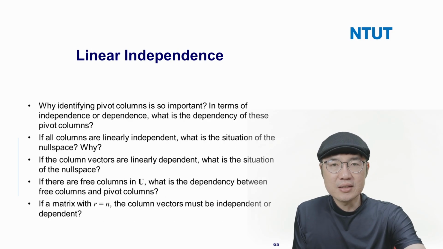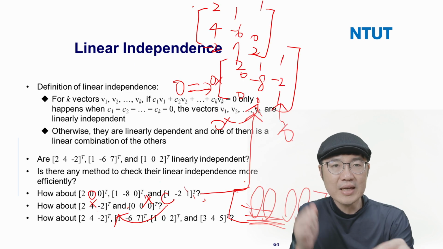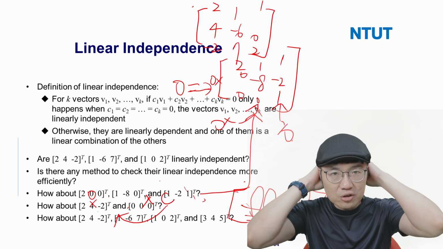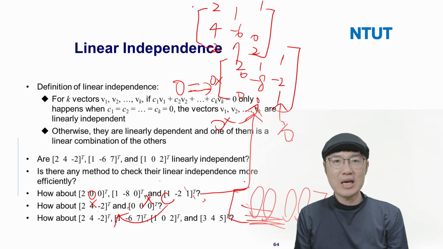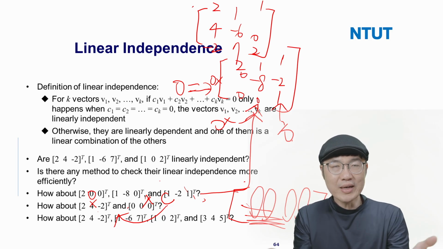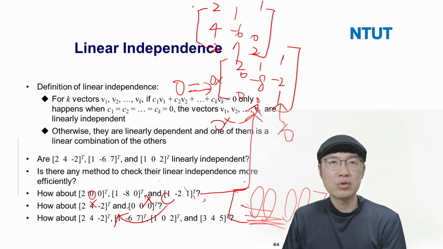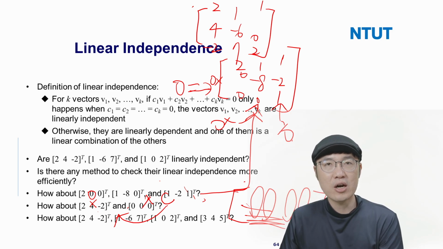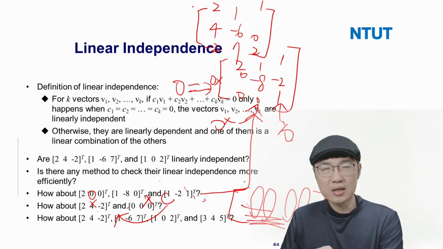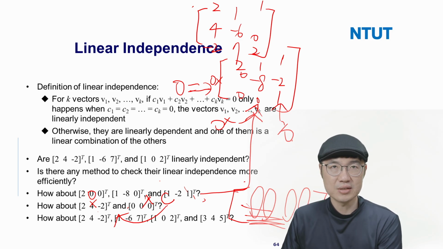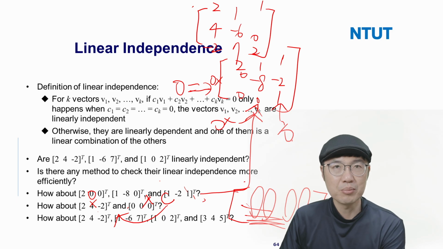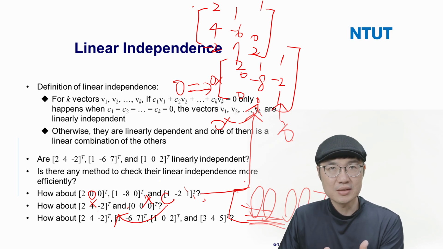Independence concerns the essence, the value out of several vectors. I mean, if you have 100 vectors, don't treat them as equally important. Some are more important than others. Which are more important? Pivot columns.